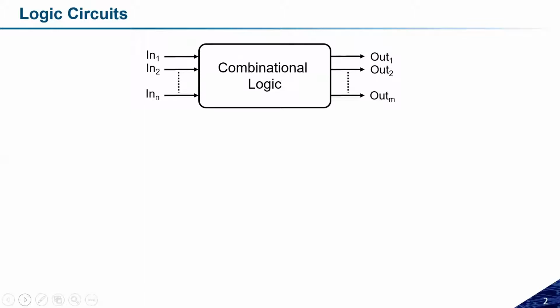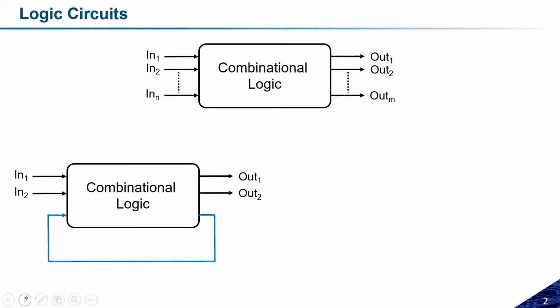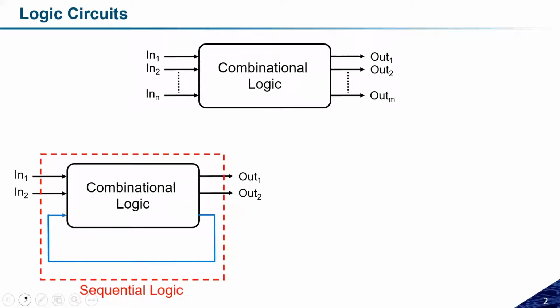This is the combinational logic circuit. But if we are able to connect the output of this combinational logic with the input side, this can become a sequential logic circuit.